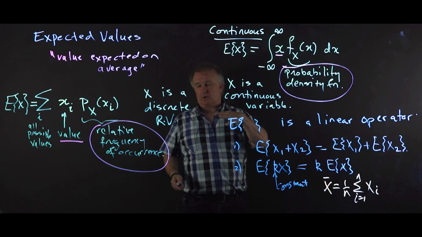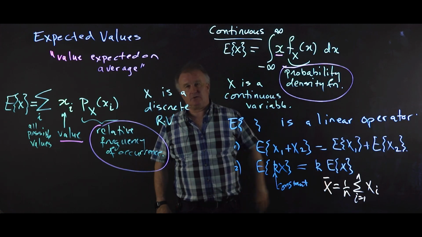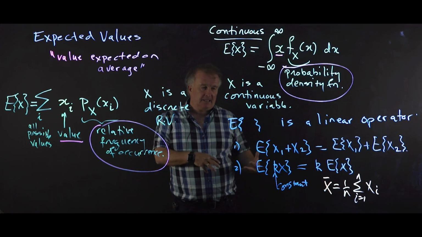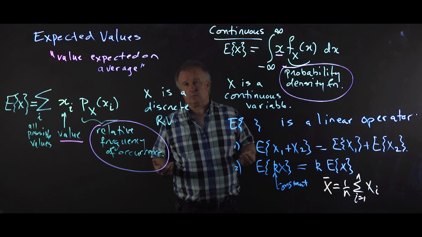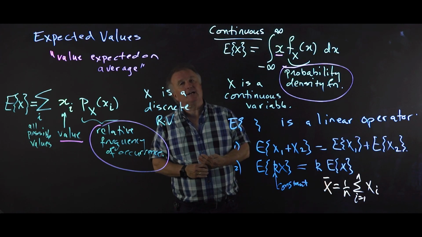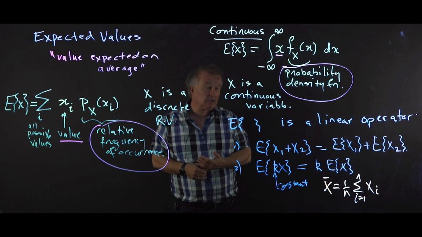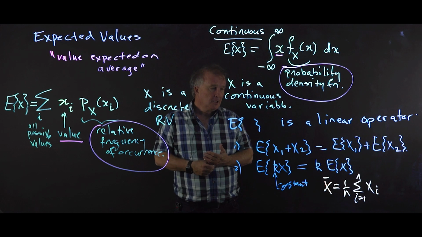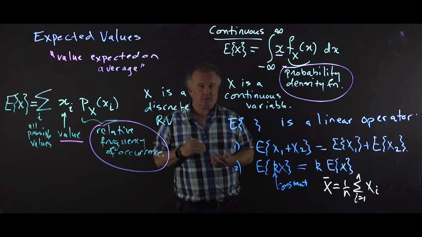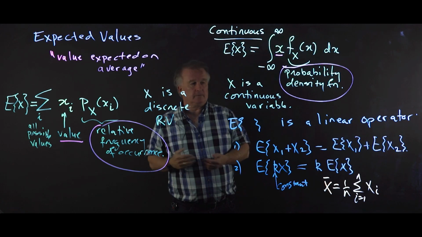I can pull the 1 over n out, and I can then also express that as the sum of individual expected values. That allows us to make a comment on what we're going to refer to as bias. That's coming down the road. We'll talk about that in terms of the sample average, and also in terms of parameter estimates. But at this point, I just want to emphasize that the really important property of expected value is that it's a linear operation.